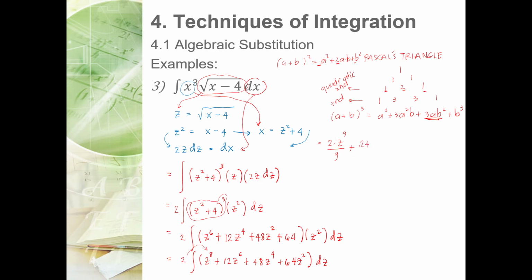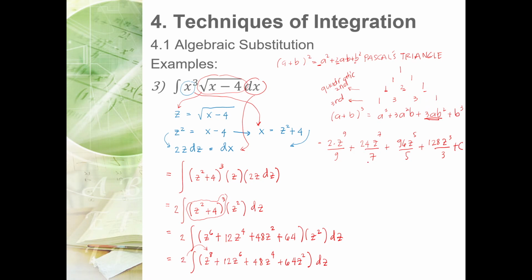So 2 times 12 is 24. Z to the power of 7 all over 7. So 2 times 48, that would be 96. 96. Z to the power of 5 all over 5 plus 128. 128 z cubed all over 3 plus c.